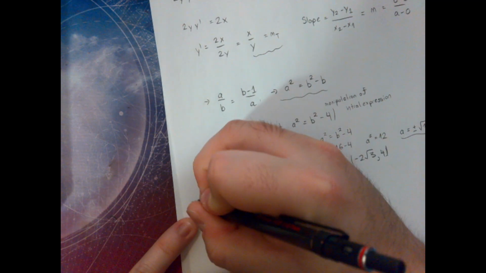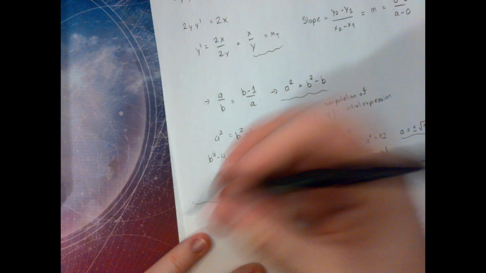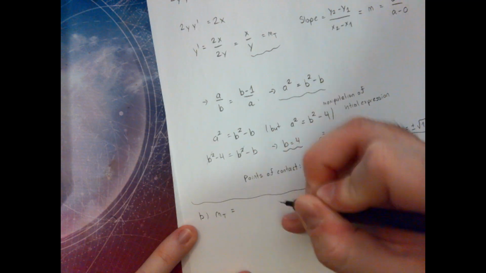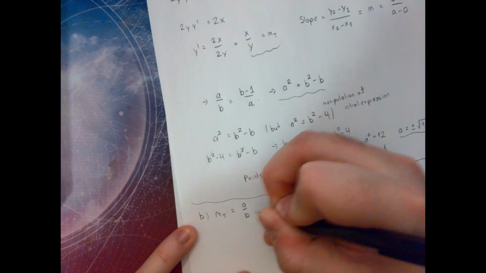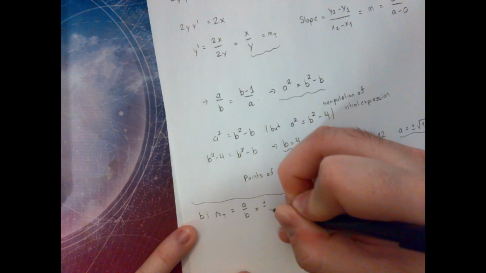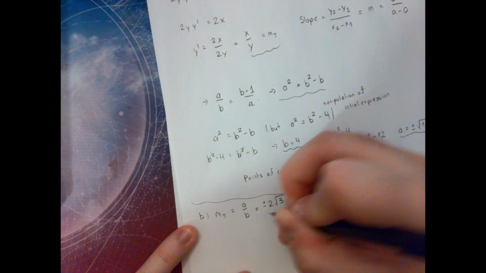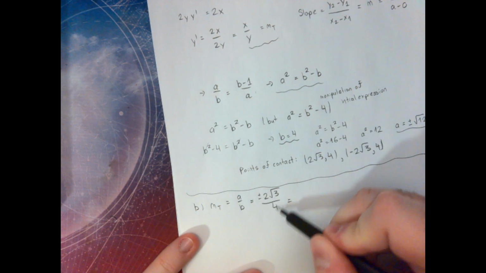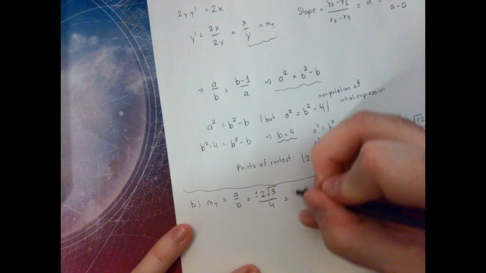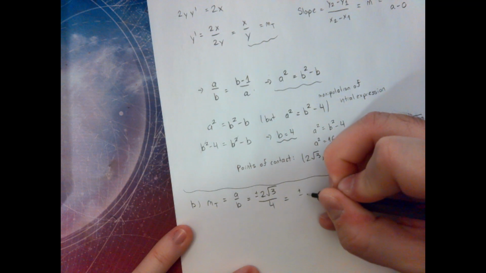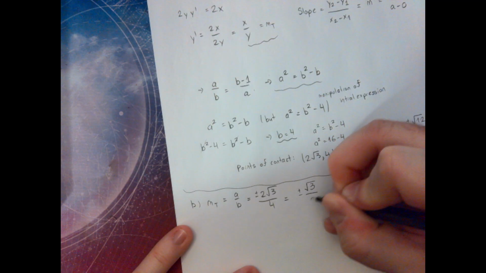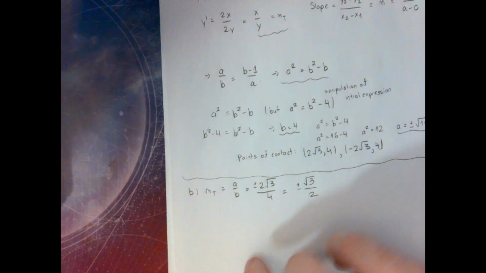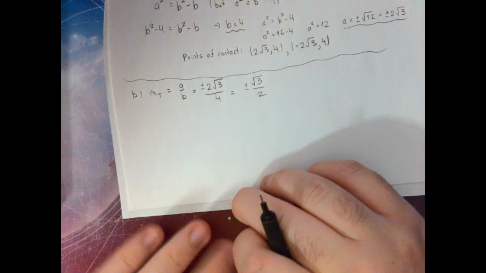Just separating this a little bit so we can see part B. My slope of my tangent is going to be a over b, which is equal to plus or minus 2 root 3 over 4, which simplifies. I can cross out the 2 and this becomes a 2, so I get plus or minus the square root of 3 over 2. I just need to use the positive value for one tangent and the negative value for the other tangent, and then I can find my equations.